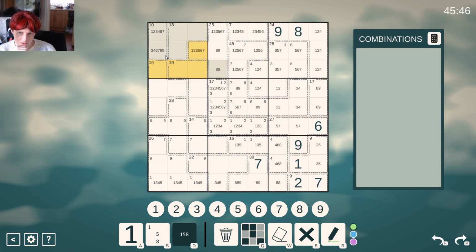If it's an 8, then the remaining numbers have to sum to 9.